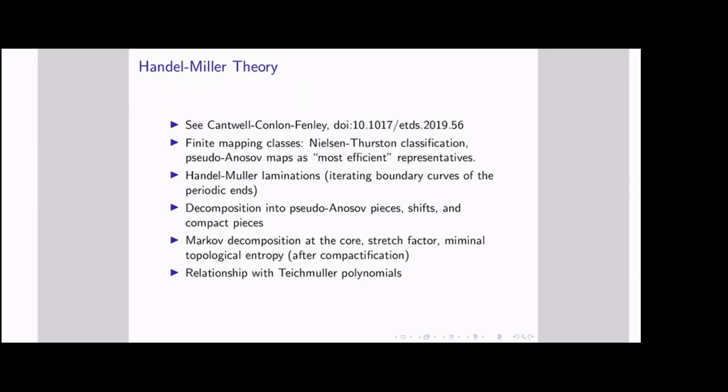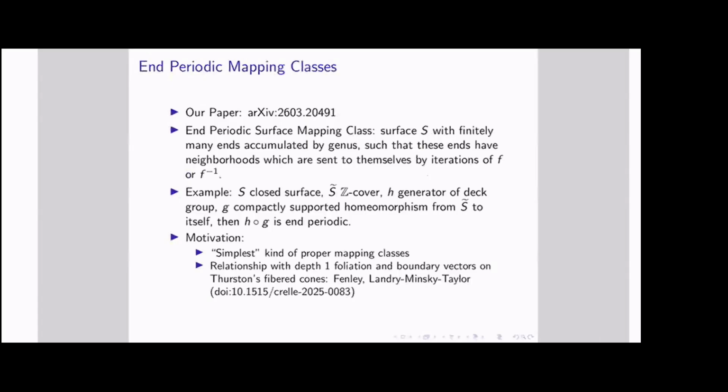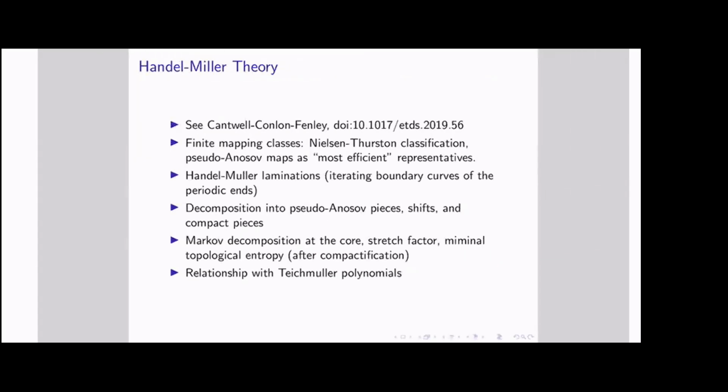And lastly, if we combine the Handel-Miller theory with the work of Landry-Minsky-Taylor, it's possible to show that we can also put this calculation of the stretch factor into the whole framework of the Teichmüller polynomial.